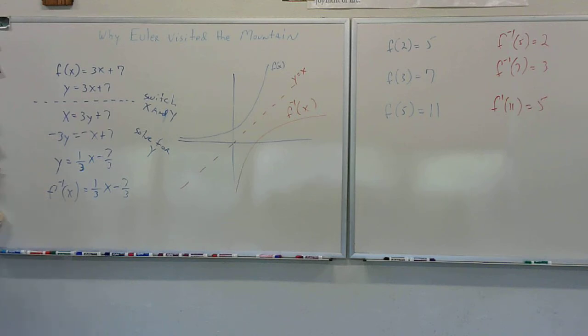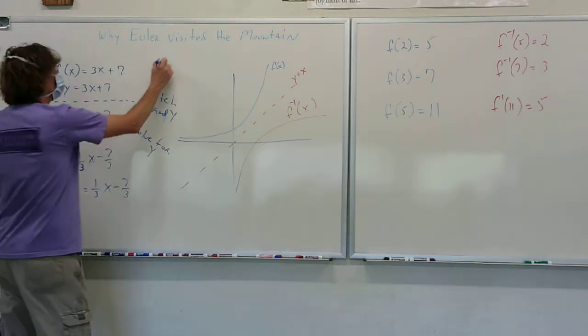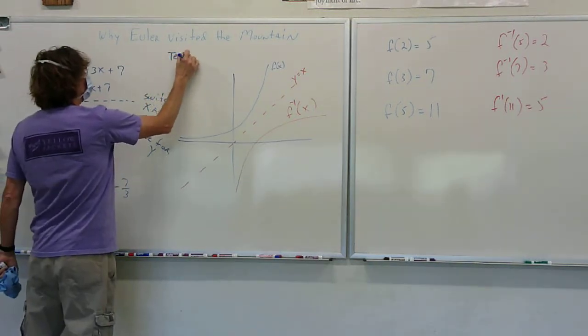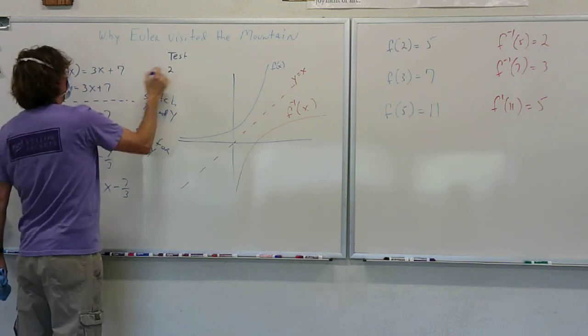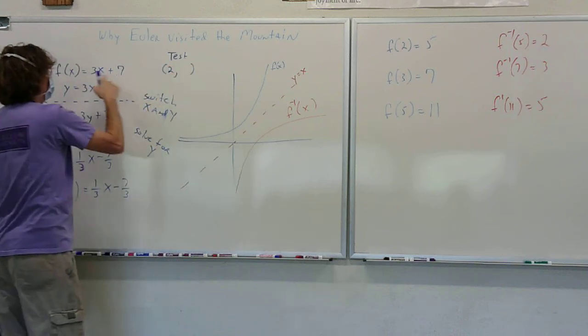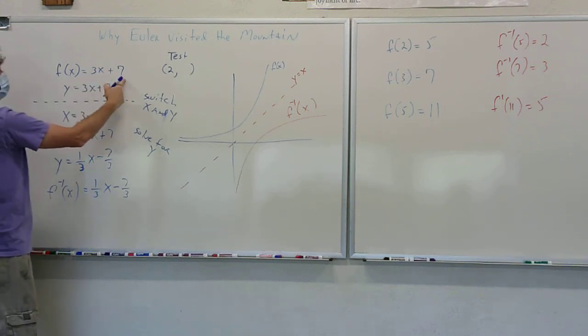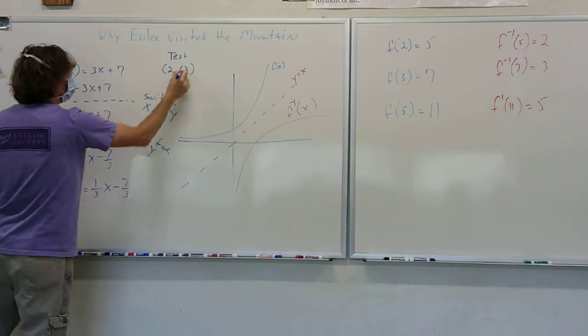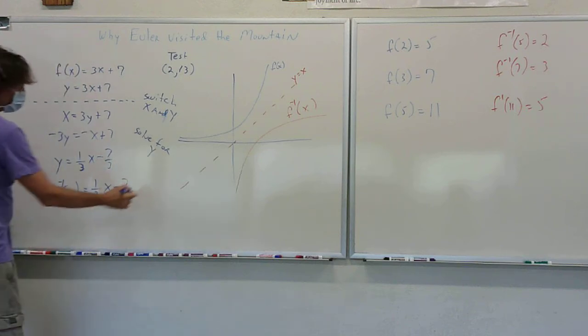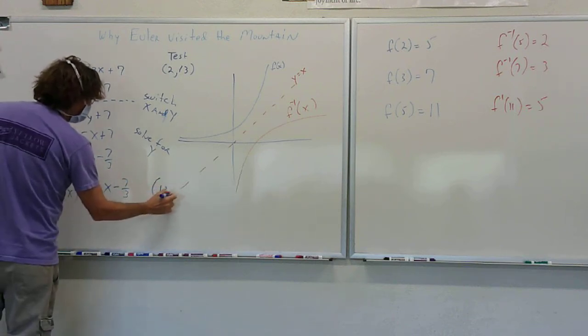Okay? And if you want to test it, let's do a test. Let's put 2 in here, and if we put 2 in there, we get 13. Is that right? 6, 13. Now, put 13 in here. It better turn it back into what? 2.